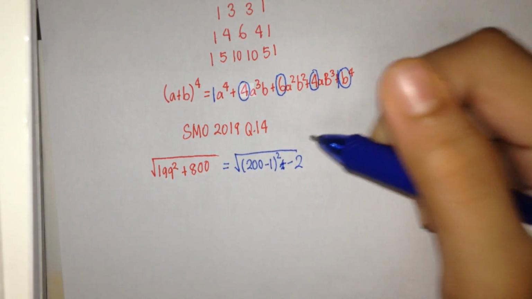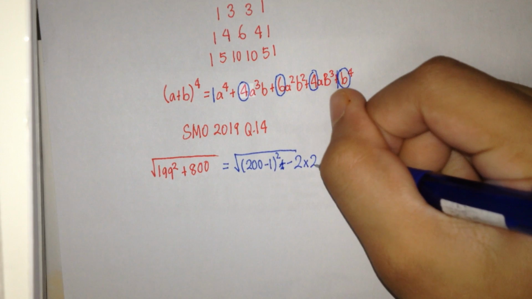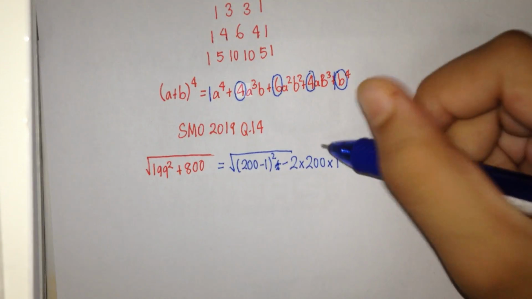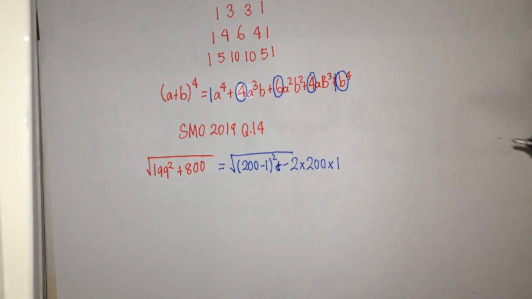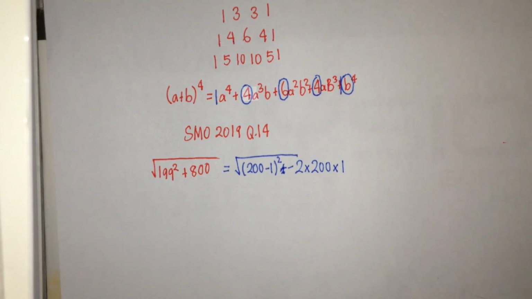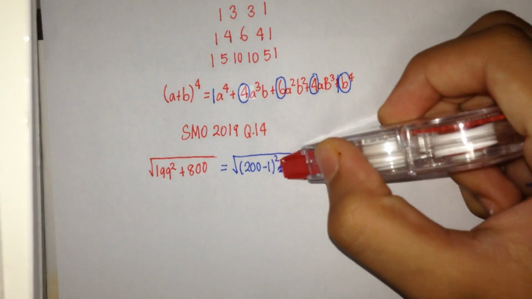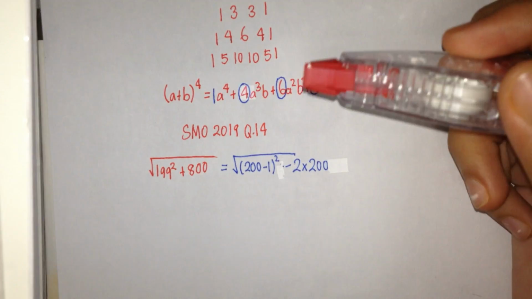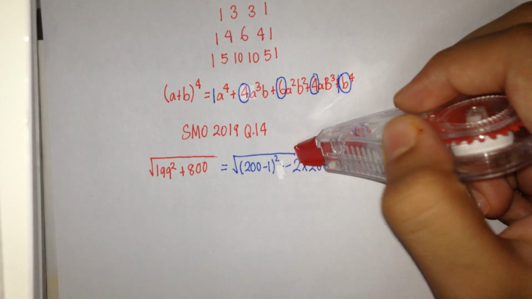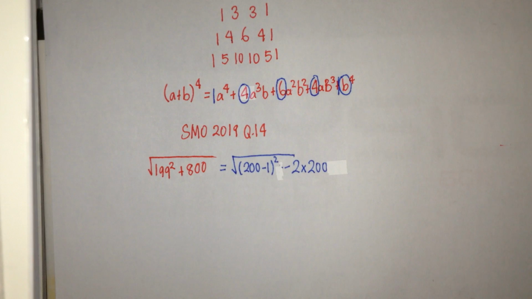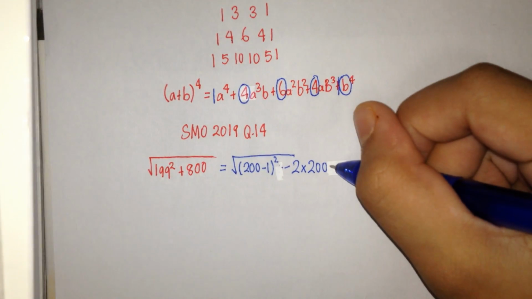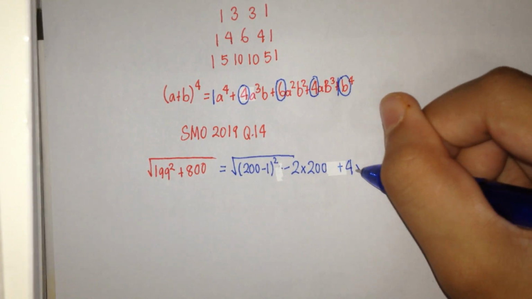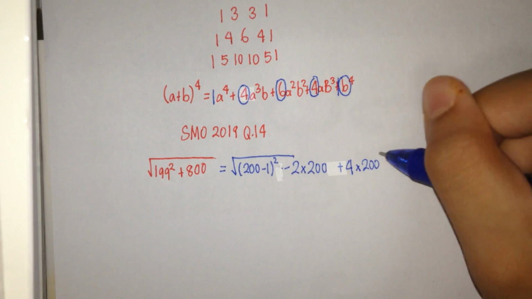2 times 200 times 1 times 200. So this 200 minus 1 square will give you 199 square. Now I plus 4 times 200.